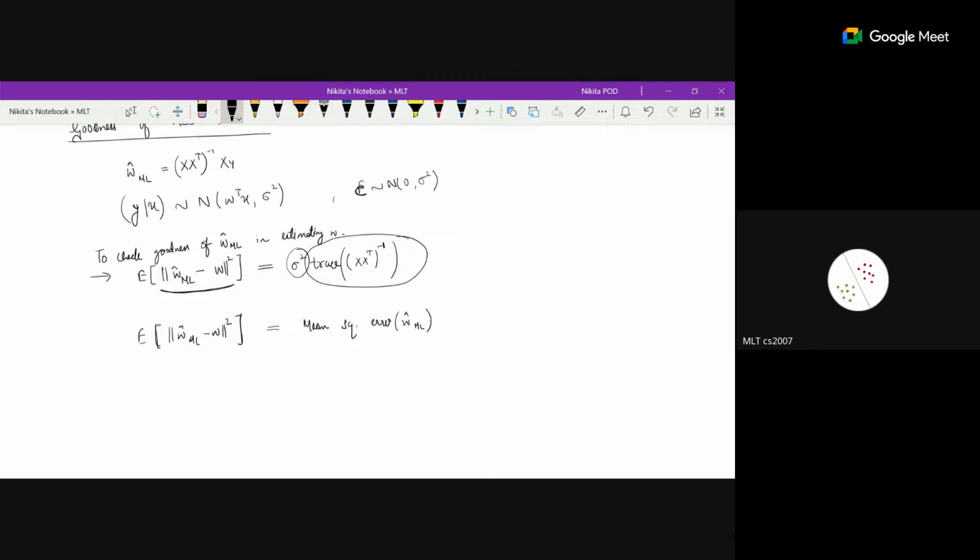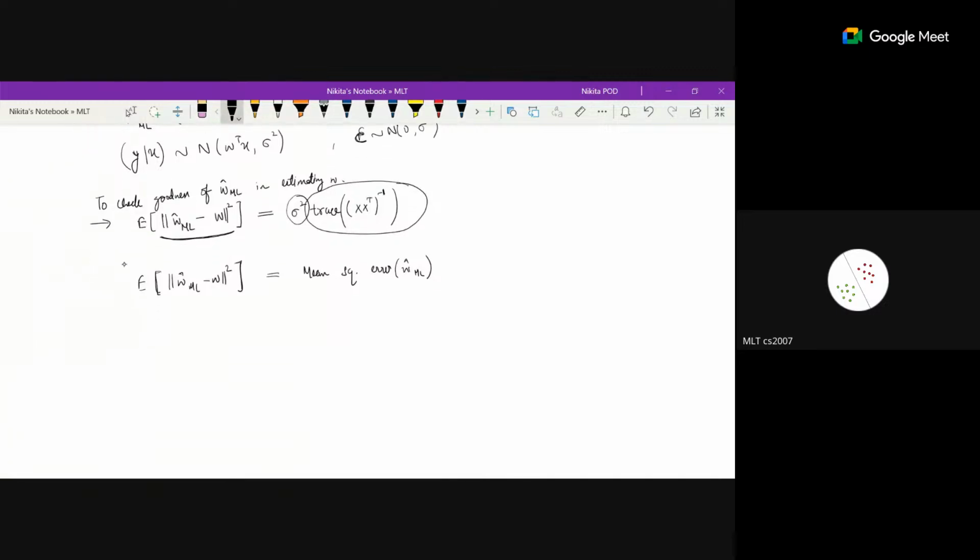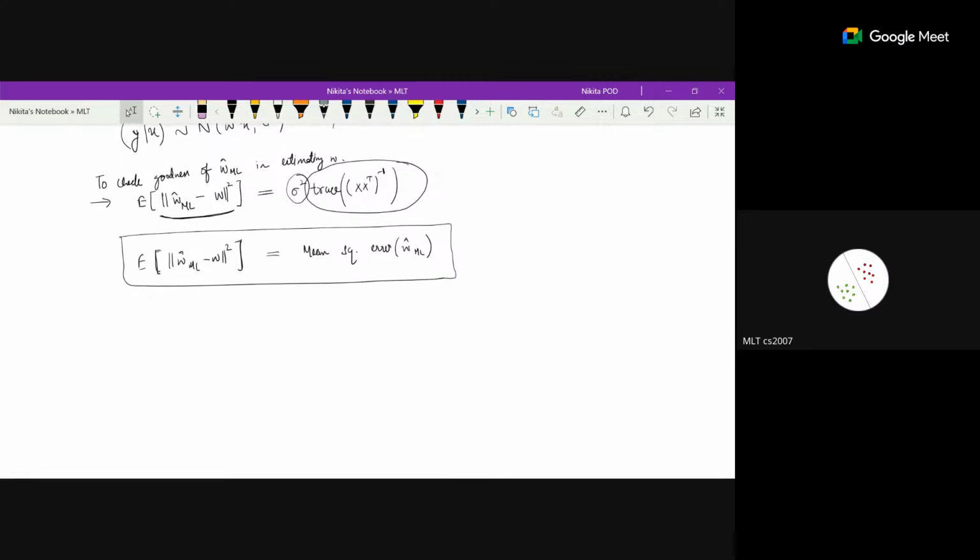This is the mean square error of W hat ML. Now we have to work on this trace of (X X transpose) inverse.